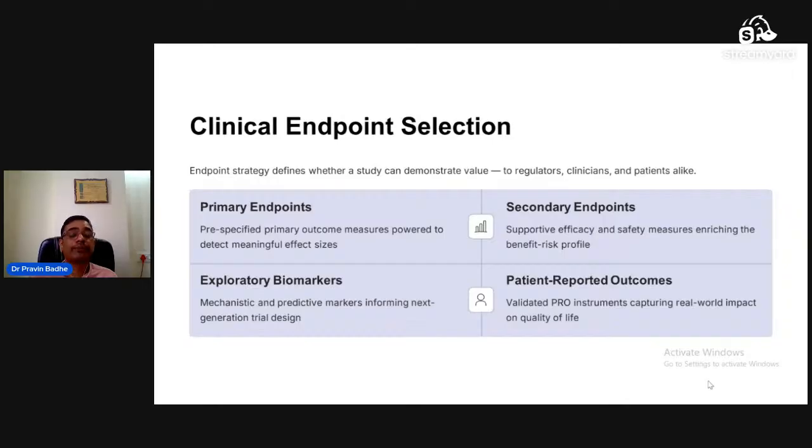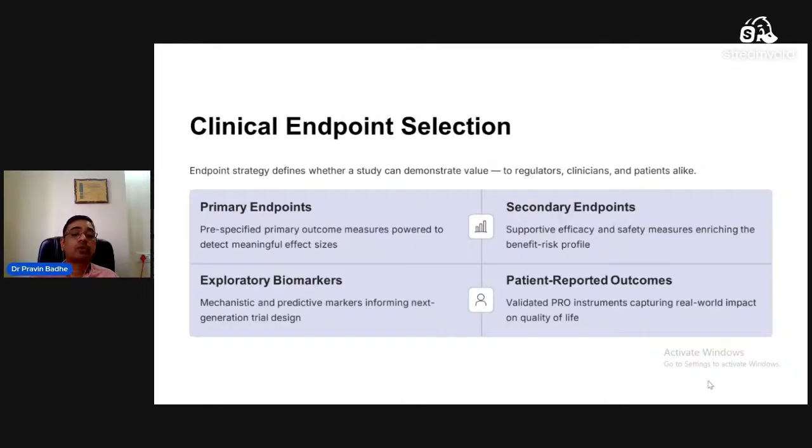Then the clinical endpoint: with the observational studies, mostly we are doing decentralized clinical trials. So the primary endpoints are majorly observations done at the patient level, which have been reported by the patients. Primary outcomes are mainly detecting a meaningful effect size, which is supported by the secondary endpoints for efficacy and safety of those primary endpoints.